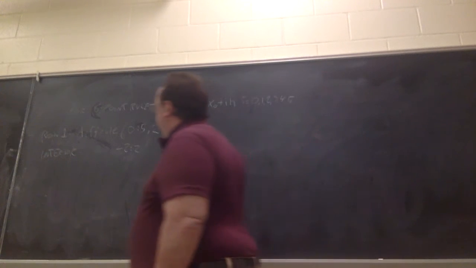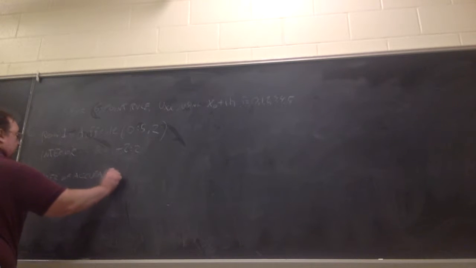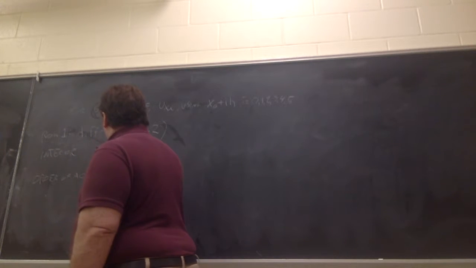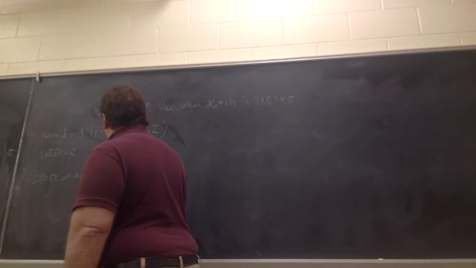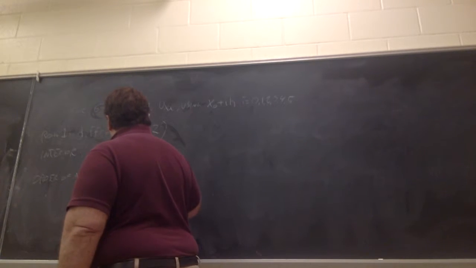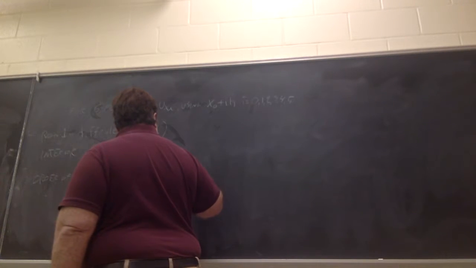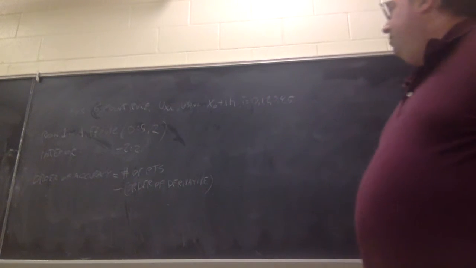In general, the order of accuracy of any of these rules is equal to the number of points that are used minus the order of derivative, most times.